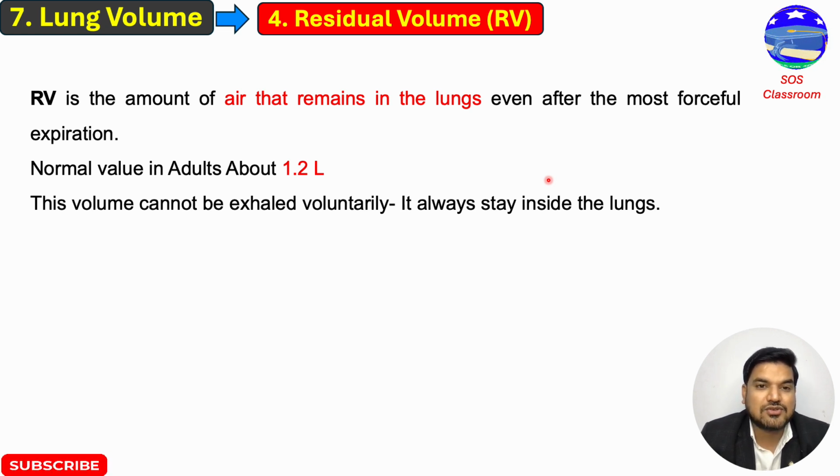That is called the residual volume. Residual volume means the extra volume the lungs maintain to prevent collapse. This volume cannot be exhaled voluntarily because it stays inside the lungs.